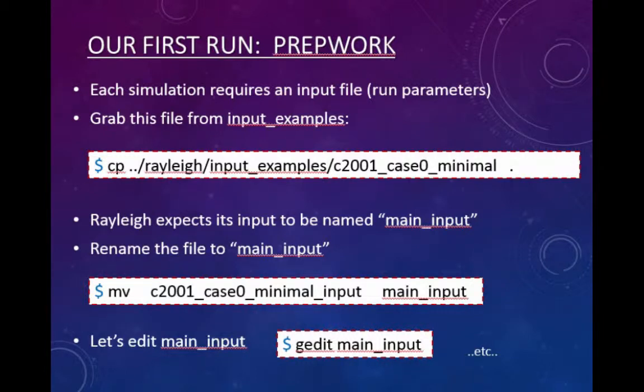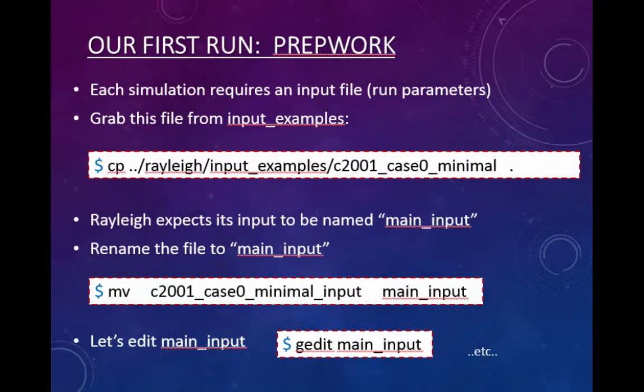What we want to do right now is grab this one input file called C2001_case0_minimal. Copy that into your module1 directory. Rayleigh wants this input file to be named main_input, so once you copy it over, go ahead and move it to main_input. Rayleigh doesn't look for C2001_case0.